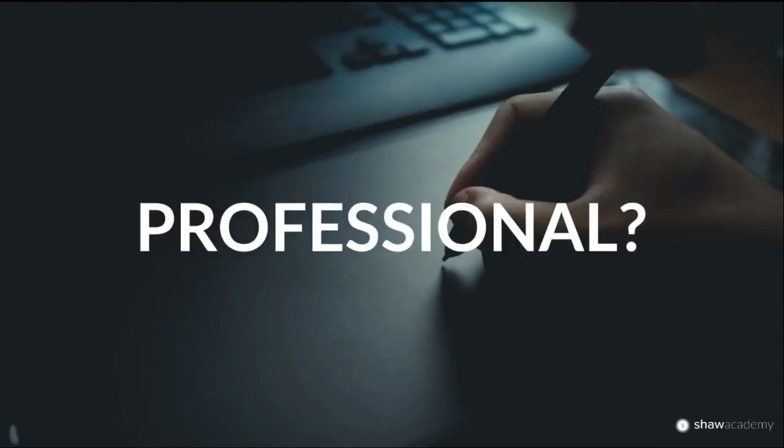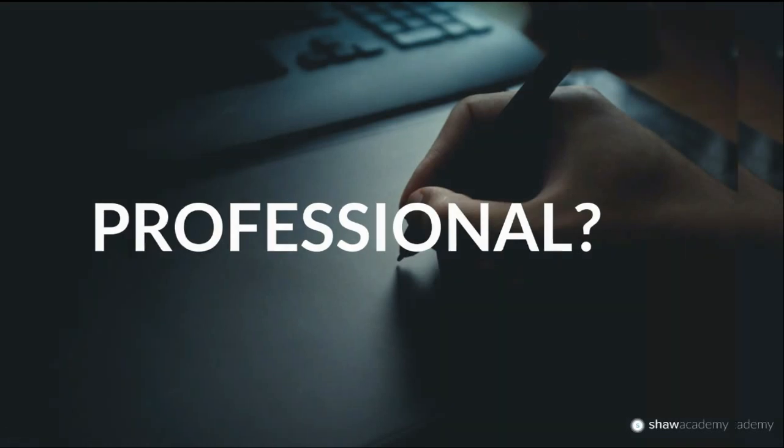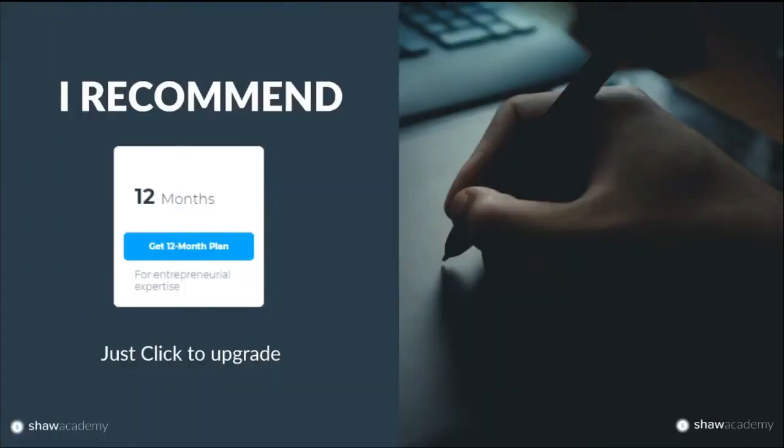Perhaps from the outset your goal was very clear and you want to become a professional. If that's the case, I strongly recommend going with the 12-month plan. This will give you all the time that you need to gain your diploma in this course, and to gain your diploma in other courses like Photoshop, photography, marketing, graphic design, other design related courses or technology courses.